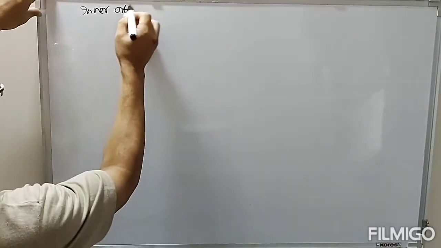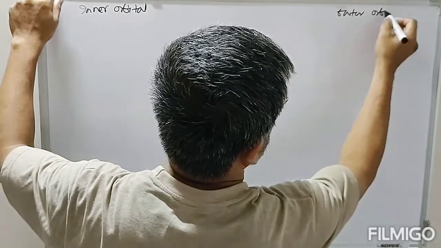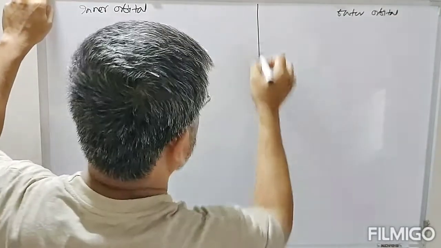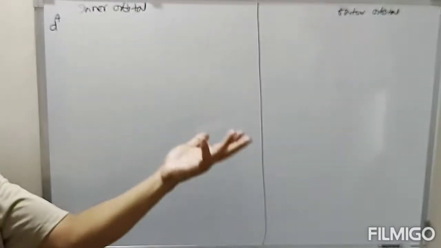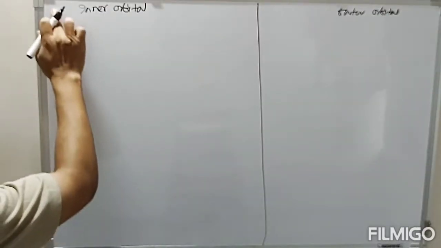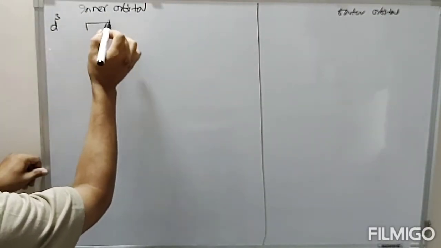So this is inner orbital, and this is outer orbital complex. Suppose we have d4, because in case of d3 we already have 2. Like this, d3 inner orbital.